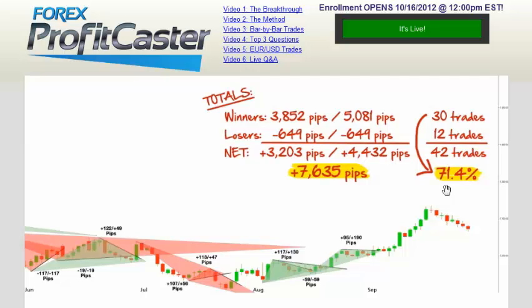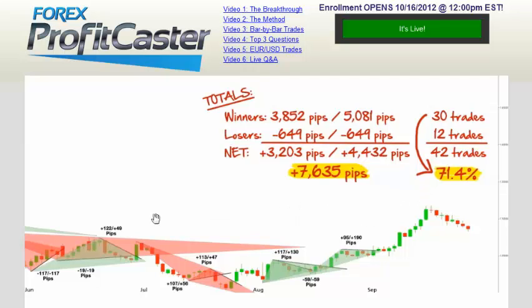But the point here is the Forex ProfitCaster algorithms are designed to give you a consistent edge in these markets so that you do have a very high probability of having more winning trades than losing trades at any point in time, whether it's daily or hourly charts. Of course, nothing is guaranteed in any market, but I think these results speak for themselves.